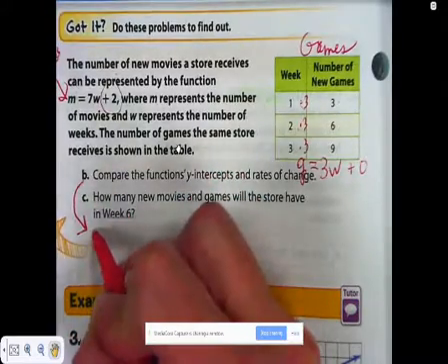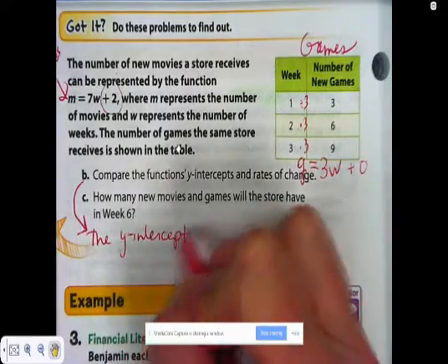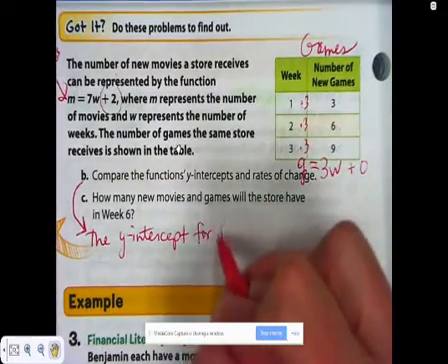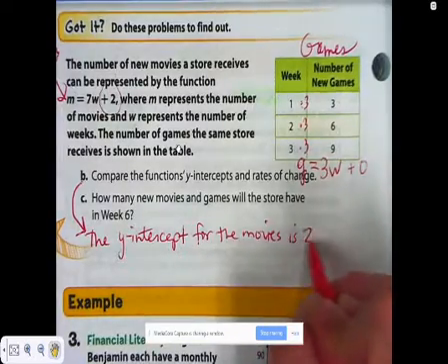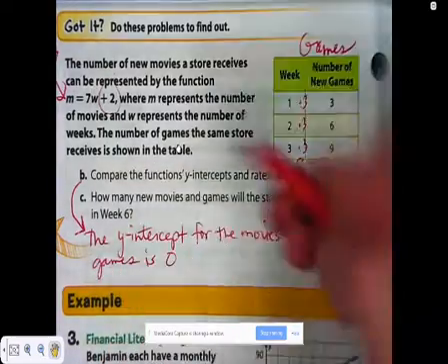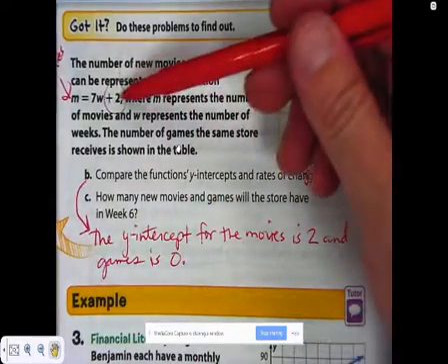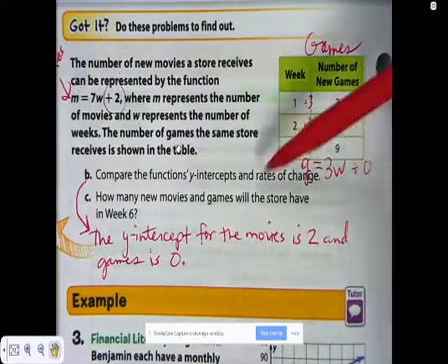So I'm going to write this underneath here. You can do that too. The y-intercept for the movies is 2 and games is 0. Now let's compare the rates of change.